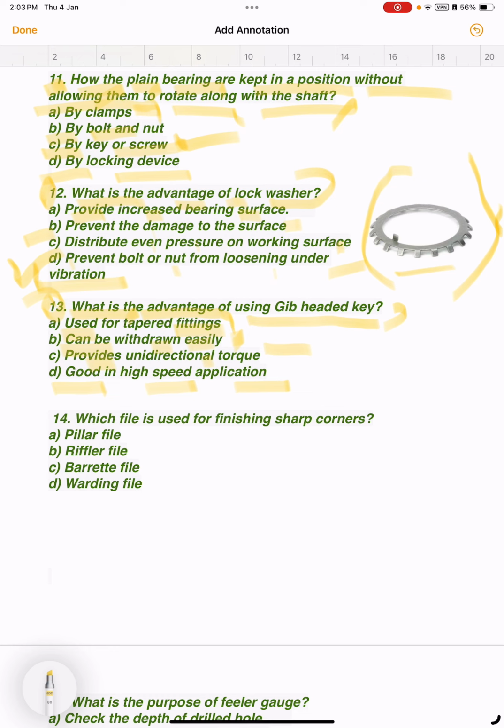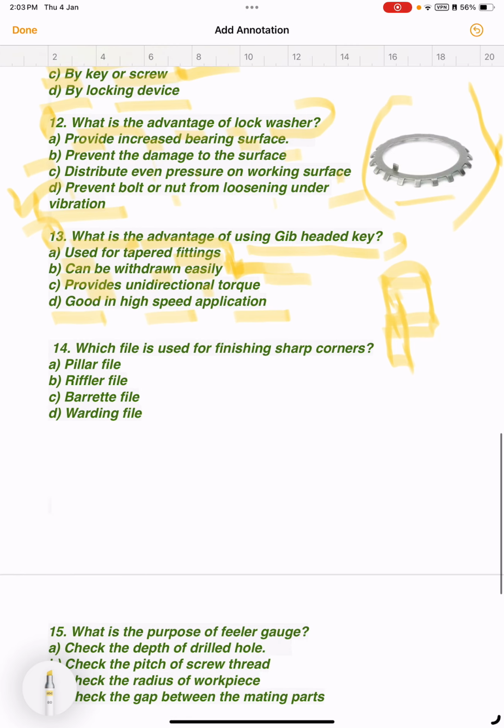One is the keyway, and one is the hole. The keyway is in this position. We fix the key in the keyway easily, and simply withdraw it and fix it again.